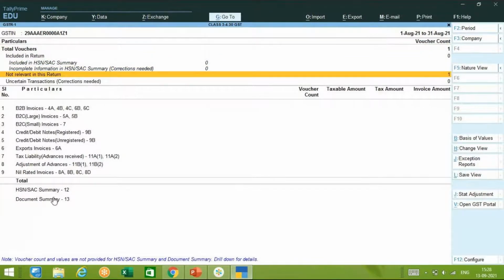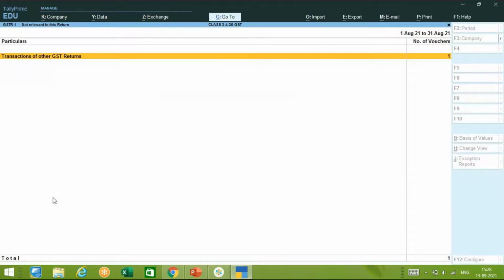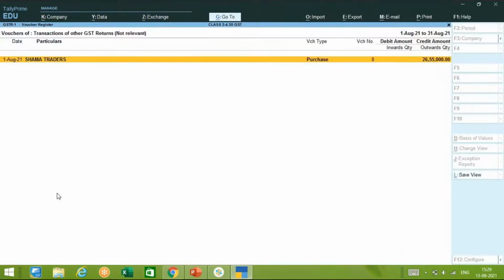Relevant is, we did not put the correct this, no? So it comes under mismatch, or it comes in the irrelevant in the returns. One second.